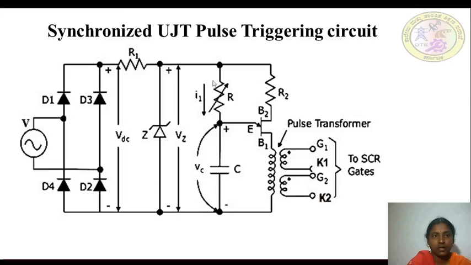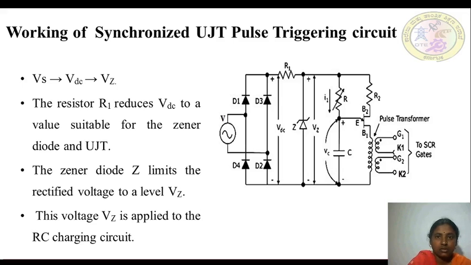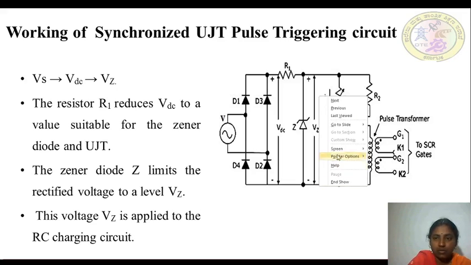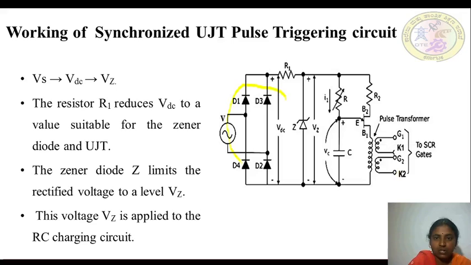This is the circuit diagram of the synchronized UJT pulse triggering circuit. The circuit consists of 4 diodes, resistor, capacitor, Zener diode, a current limiting resistor R, and the pulse transformer. The diodes D1 to D4 are used as a rectifier which will convert AC to DC.